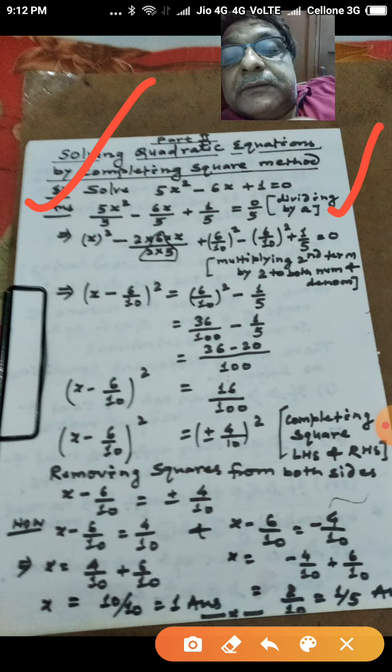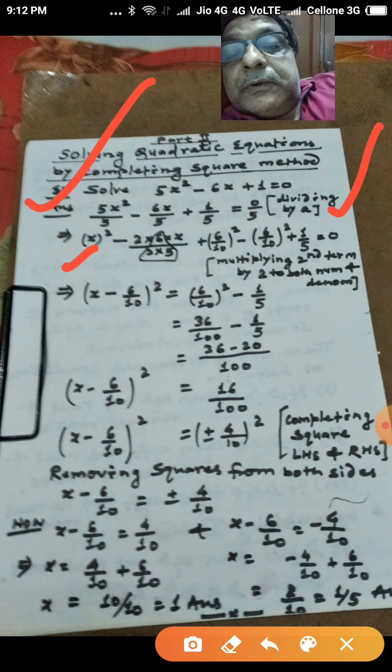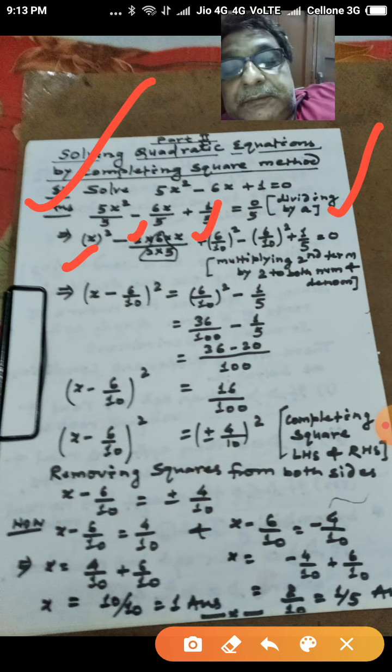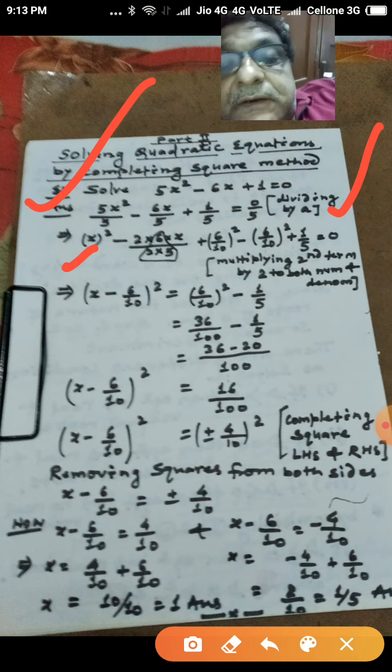Now we write the first step, which is x square, and then minus, we will multiply the second term by 2, both the numerator and denominator, and then leaving 2 and x, the remaining things, which is here 6 by 2 into 5, that is 10.